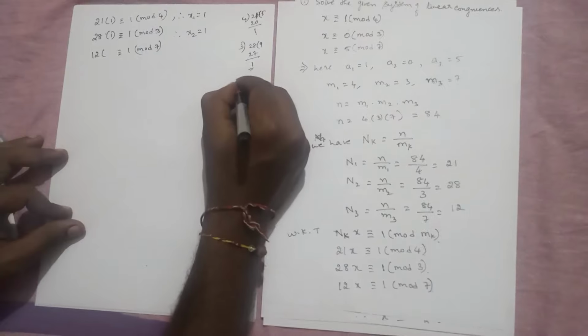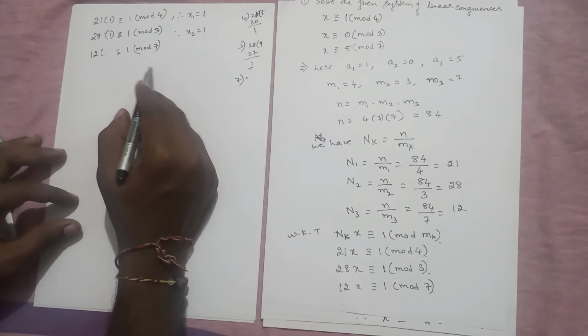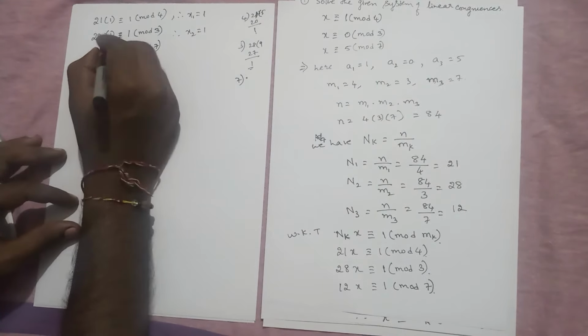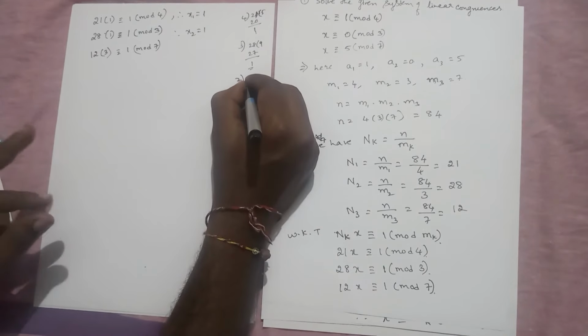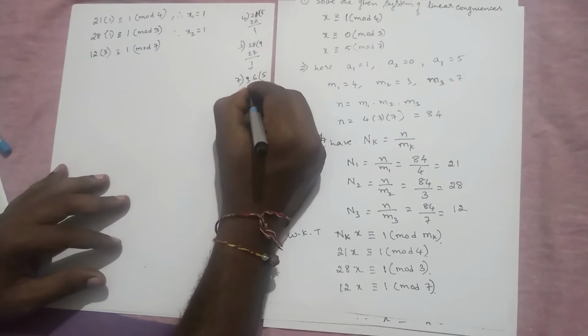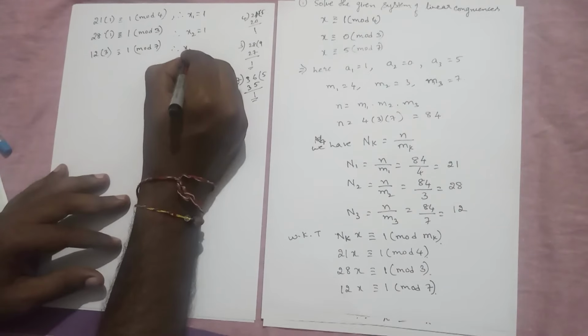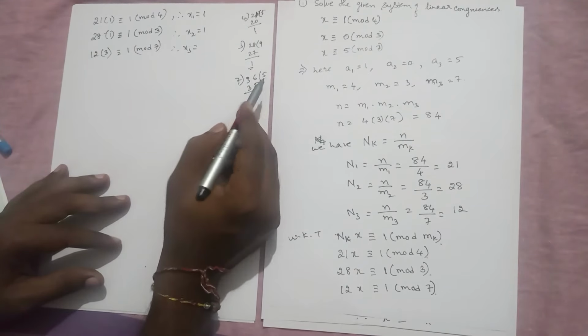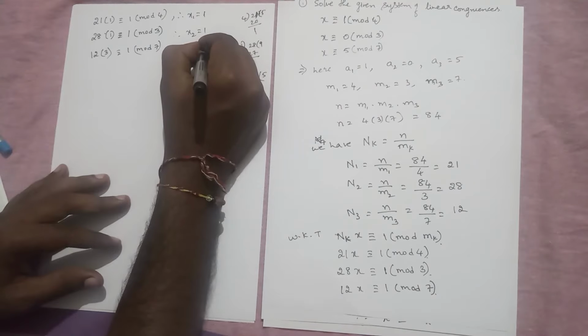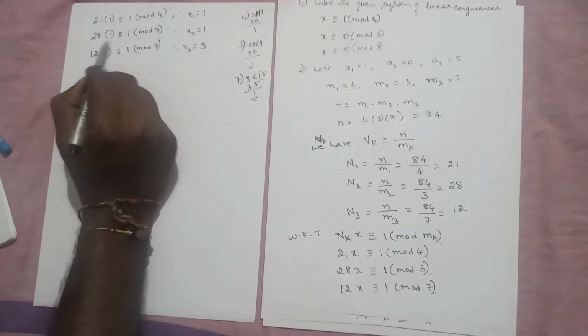How much should we multiply to get remainder 1? 12 times 3 is 36, and 7 5s are 35, so the remainder is 1. So therefore x3 equals 3.